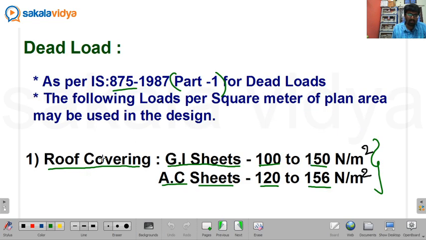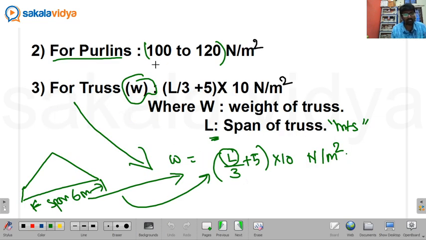So for roof covering with galvanized iron sheets, the value of dead load lies between 100 to 150 Newton per meter square. For asbestos cement sheet, it is 120 to 156 Newton per meter square. For purlin members, its value is 100 to 120 Newton per meter square.